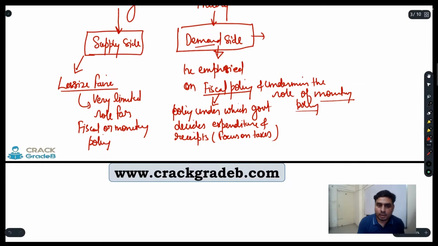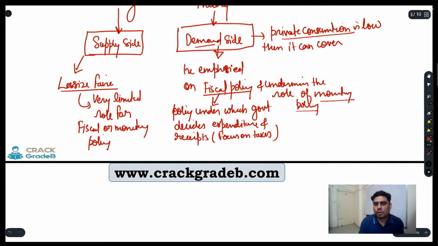And according to him, if private consumption is low, then it can be covered by public consumption. So when I use the words public consumption and private consumption, students get confused, right?